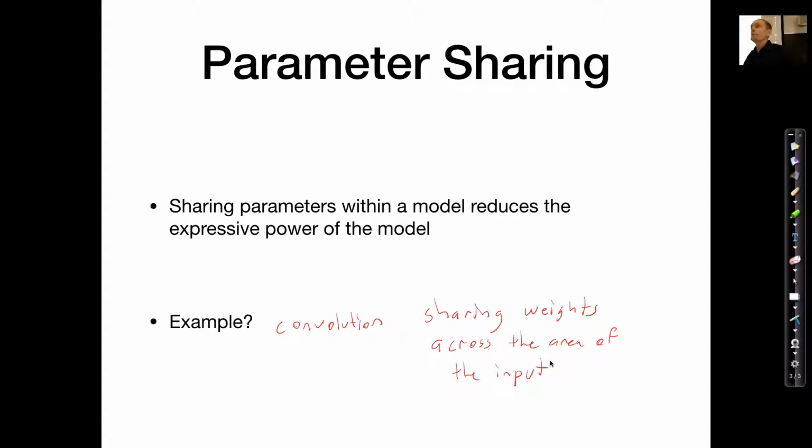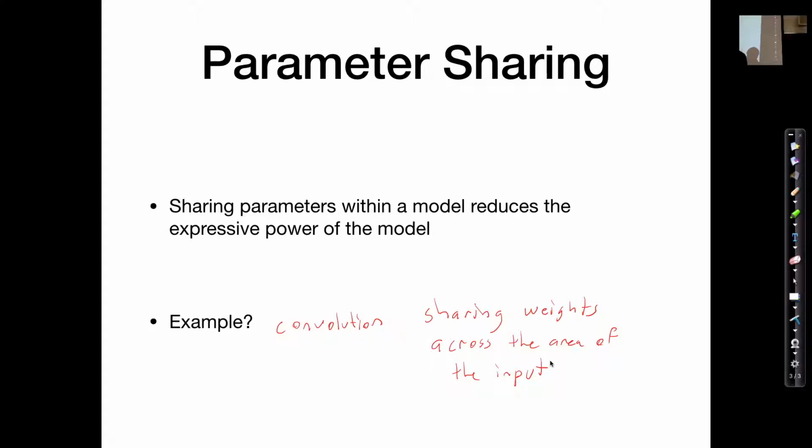And it would certainly be possible to create models where we didn't have that. If we just had fully connected layers, then we would be allowing different weights for the pixels in the bottom right as opposed to the top left.